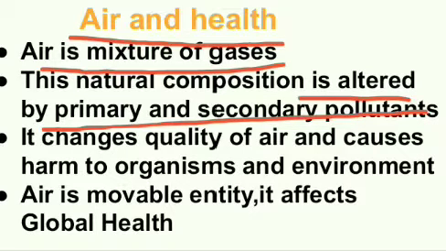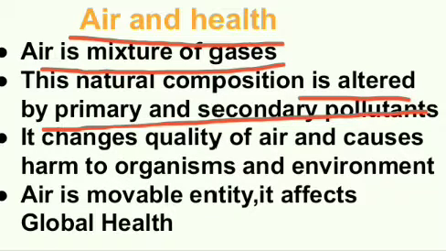Now, secondary pollutants. Secondary pollutants are not directly emitted from the sources, but they form in the atmosphere as a result of the reaction of primary pollutants with molecules in the atmosphere. For example, photochemical smog.